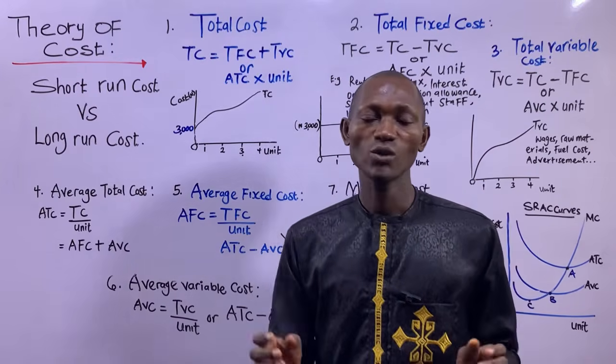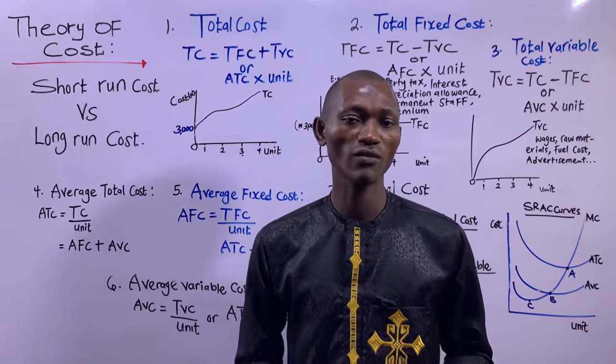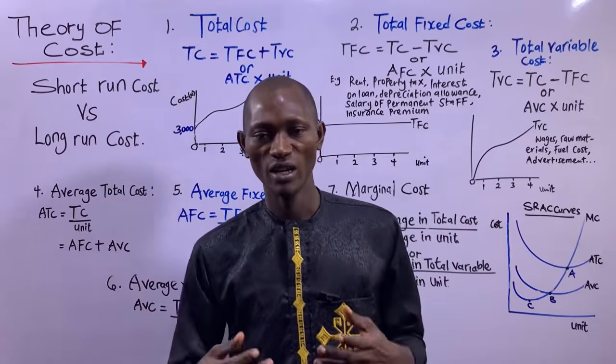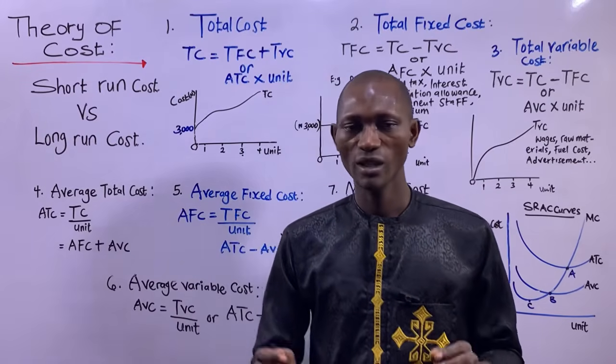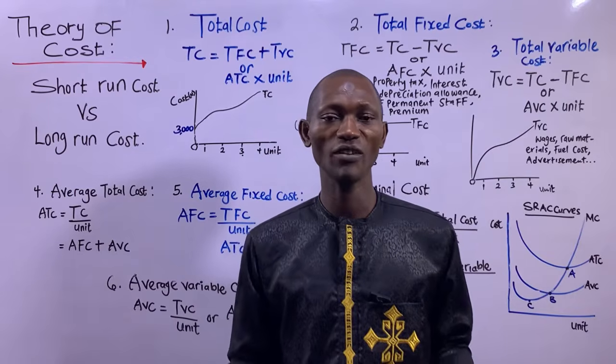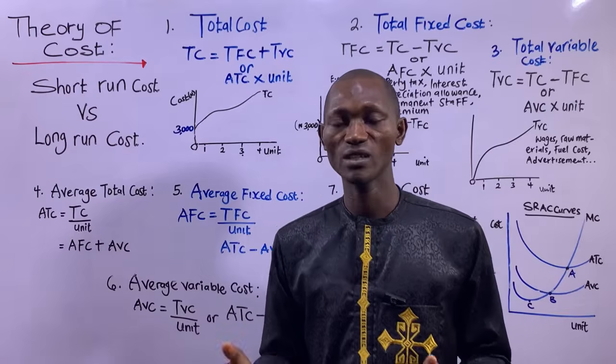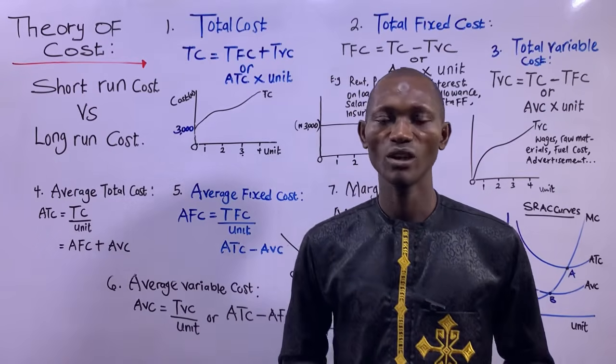So that's what we mean by expenses or expenditure. So another word for cost is expenses or expenditure. So in short, for a firm to determine its cost of production, such a firm will have to add all the costs that were incurred on the various factors of production employed into production.